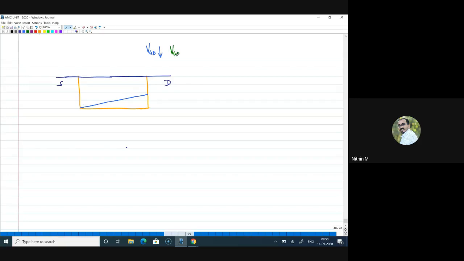That will make the channel like this. If you further reduce VGD, that will again taper the channel like this. And if you reduce VGD even more, it will end up in this form. Are you getting this phenomenon?